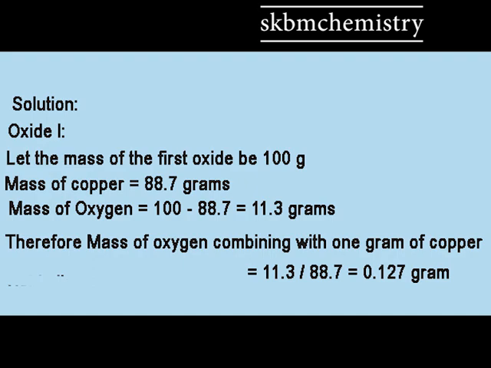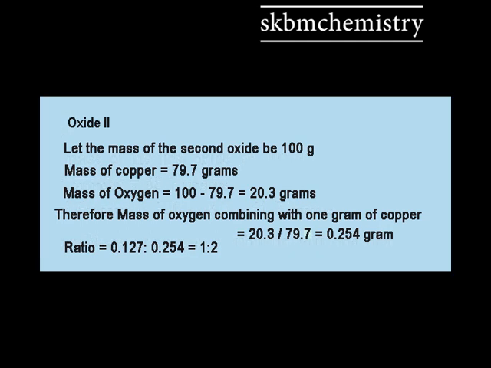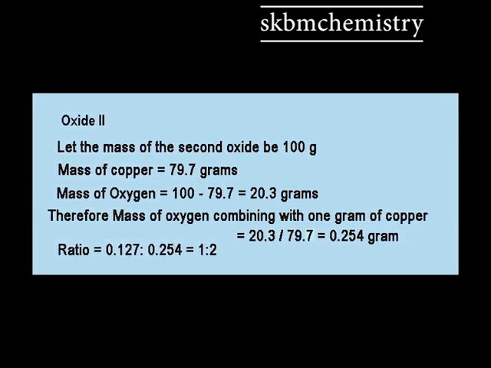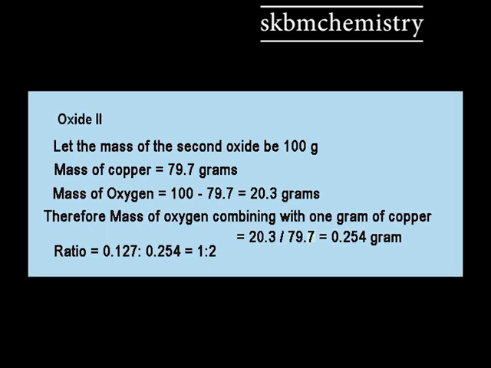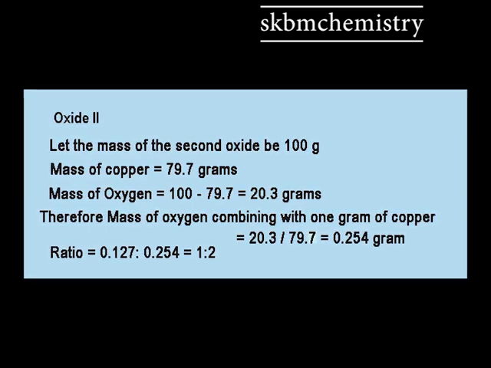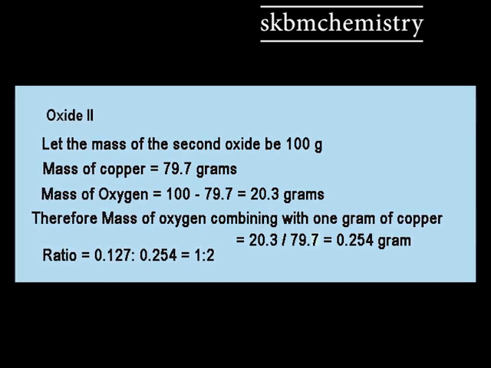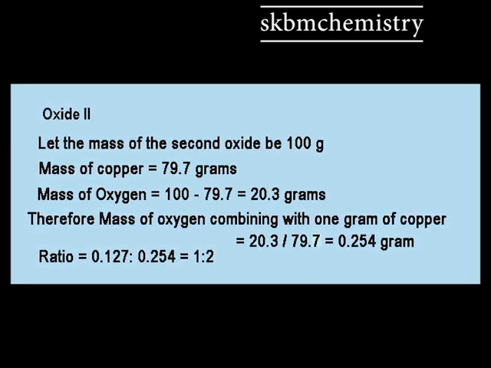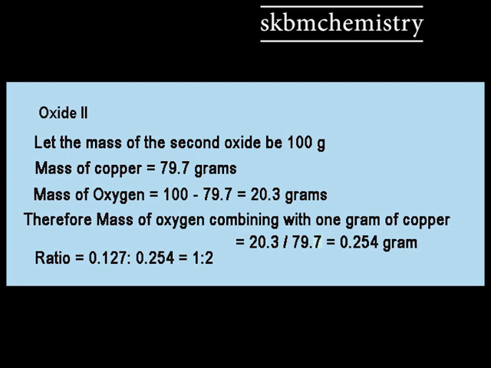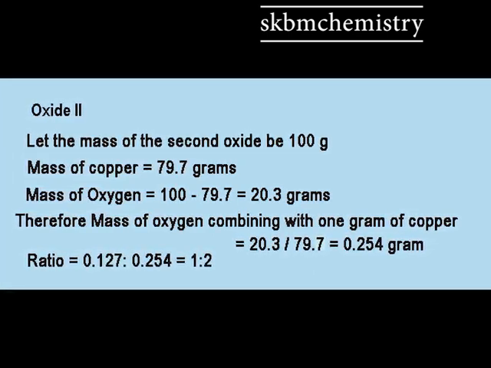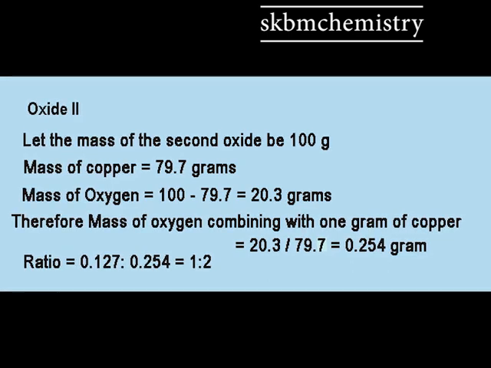Now we will go to the second oxide. We assume that the mass of the second oxide is also 100 gram. Then we can write mass of copper in it is equal to 79.7 gram. Therefore, mass of oxygen in the second oxide is equal to 100 minus 79.7, which is 20.3 gram.